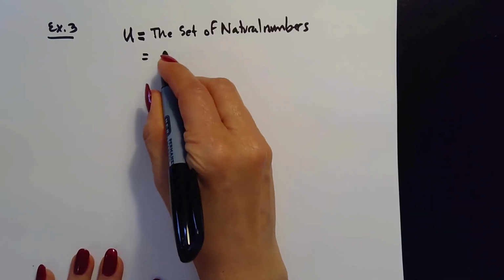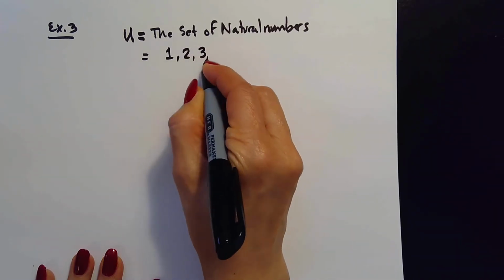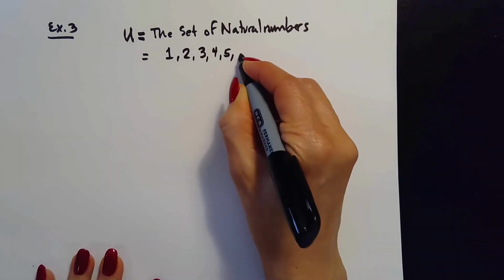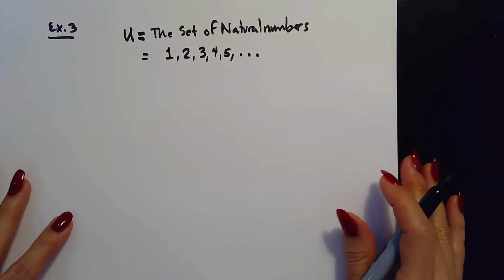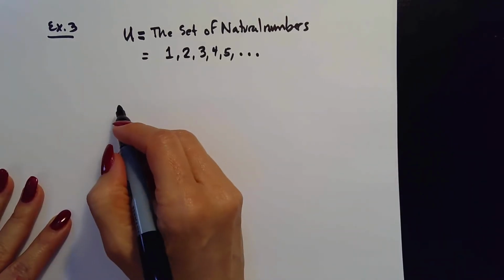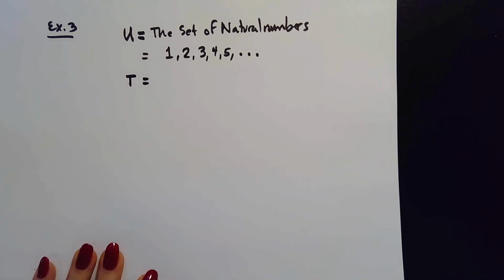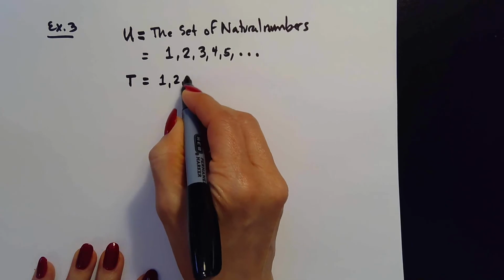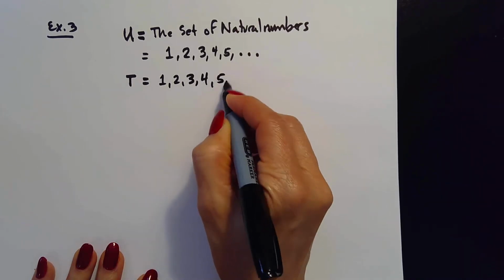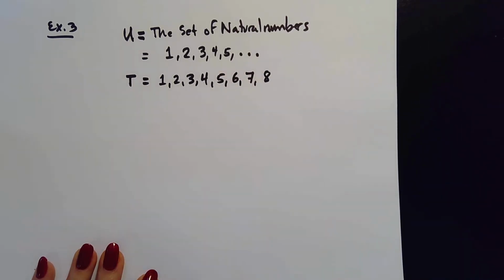These are the counting numbers. It keeps going. This is an infinite set, right? And then it says T represents the set of natural numbers less than 10. So this is going to be 1, 2, 3, 4, 5, 6, 7, and 8.